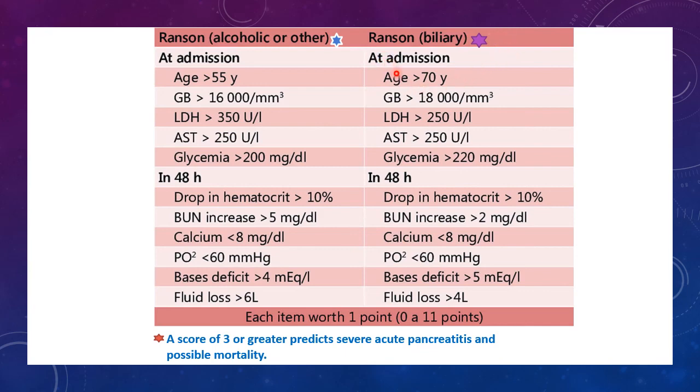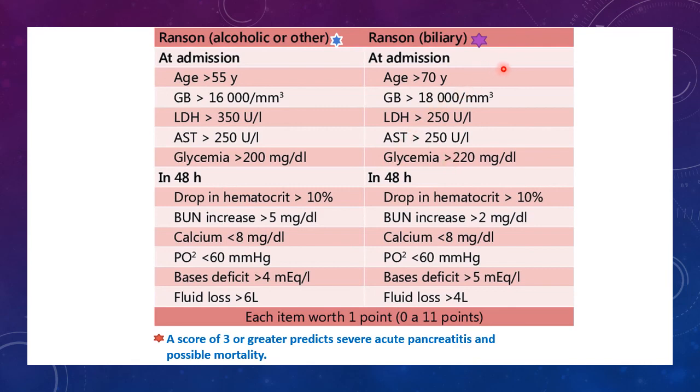It takes into consideration at admission the age of the patient, the total white count, lactic dehydrogenase level in the blood, and AST, the liver enzyme aspartate transaminase, and the blood glucose.